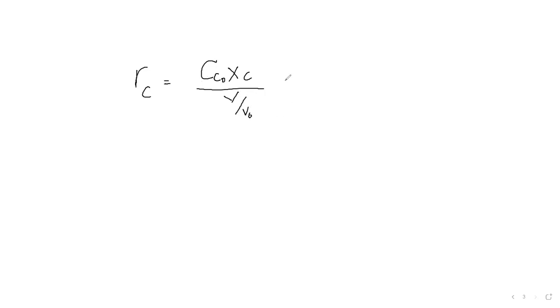Now, since we assume that R sub C is a product, what does CCO XC represent? If C is a product based on our assumption, it represents the what? Anyone? The amount being formed, miss. The amount being formed. Very good.